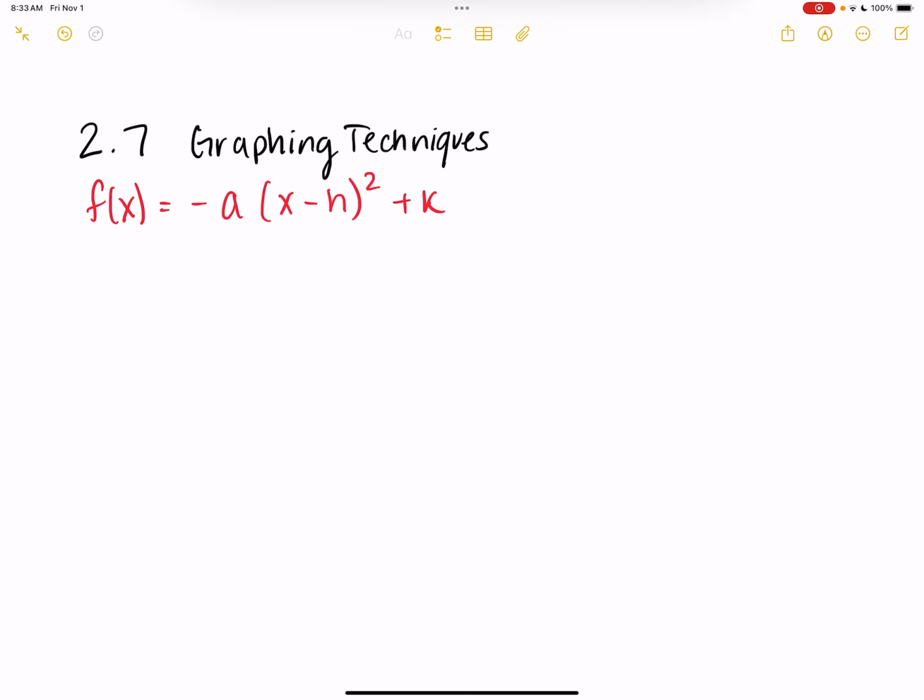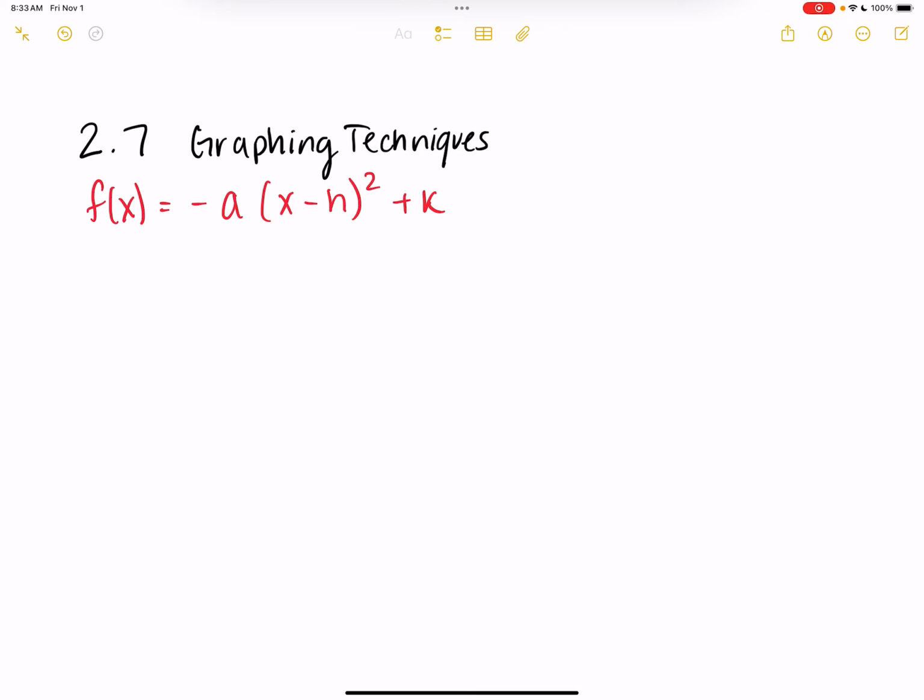Each of these things, aside from the x, is telling us what's happening to our graph. The whole point of the section is to actually be graphing these, but I just want you to tell me what's happening.